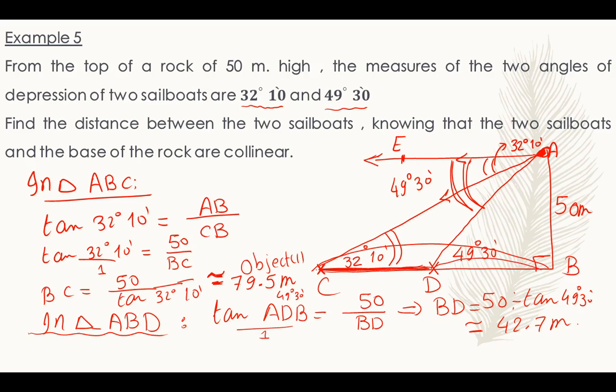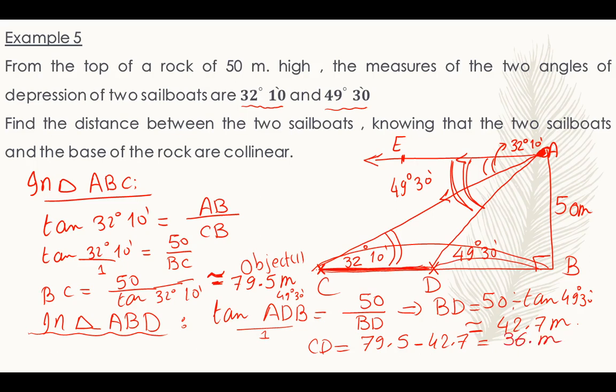The required length is the length of CD. So the distance between the two sailboats equals CD, which equals 79.5 minus 42.7, which is 36.8 meters.